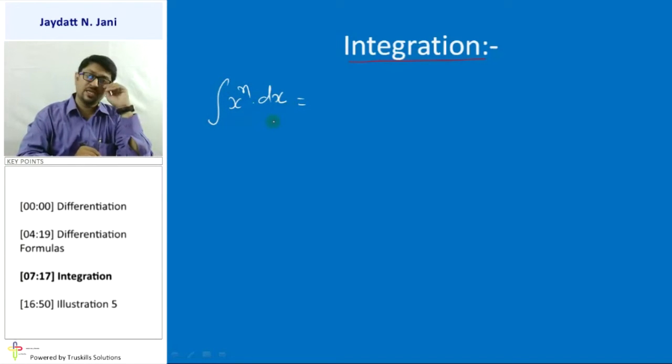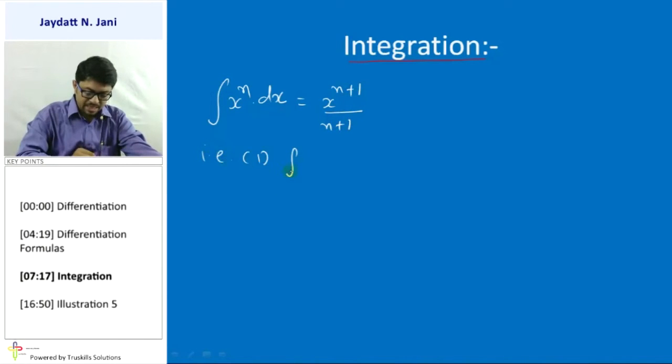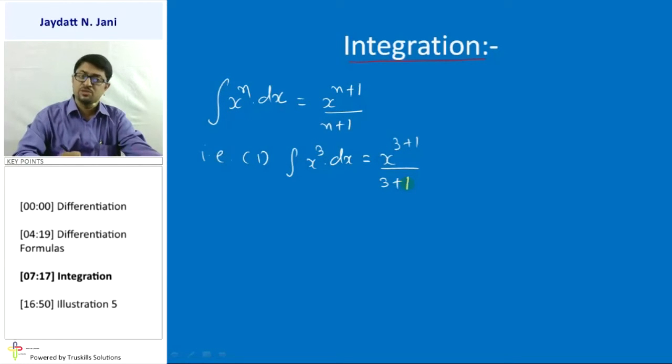So here we can say whatever that power, add 1 in that, divide by that power as it is. For example, integration x raised to 3 dx, the simple way, x raised to 3 plus 1 upon 3 plus 1. So that becomes x raised to 4 by 4. Same rule you can apply here for addition as well as subtraction.